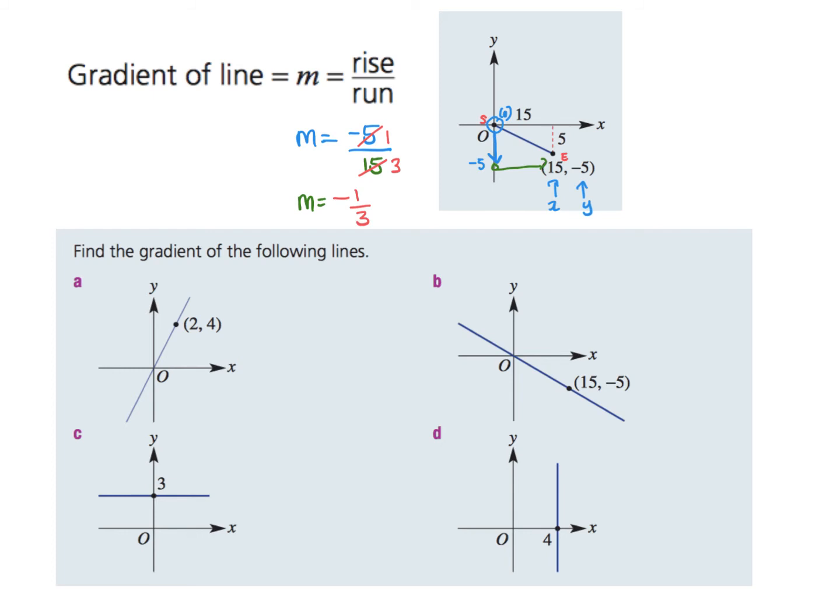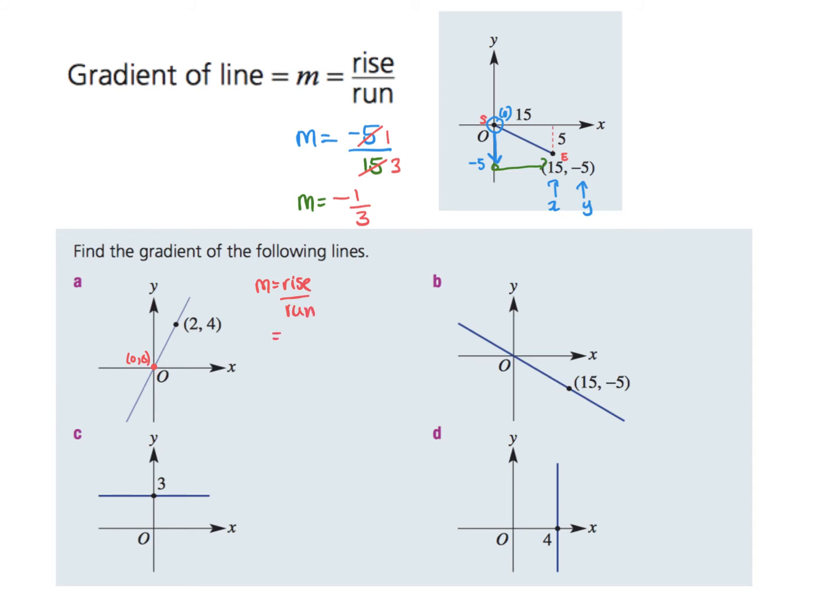So that's the gradient. All right, let's have a go at these ones over here. You just have to pick 2 points that the line's going through. It's easy to start at 0, 0 if you can, so we'll do that. We'll say m is rise over run. We'll write our rule.